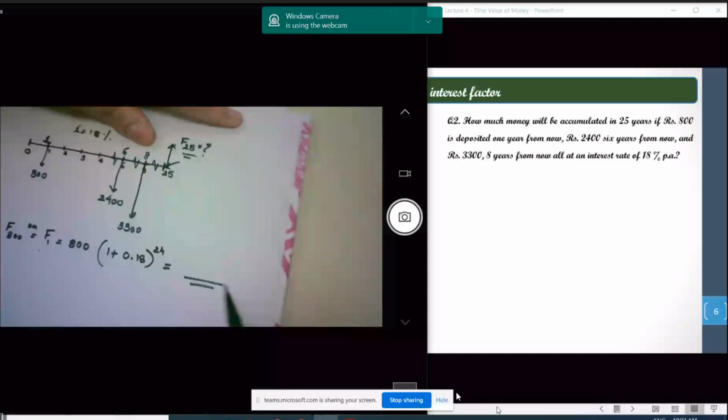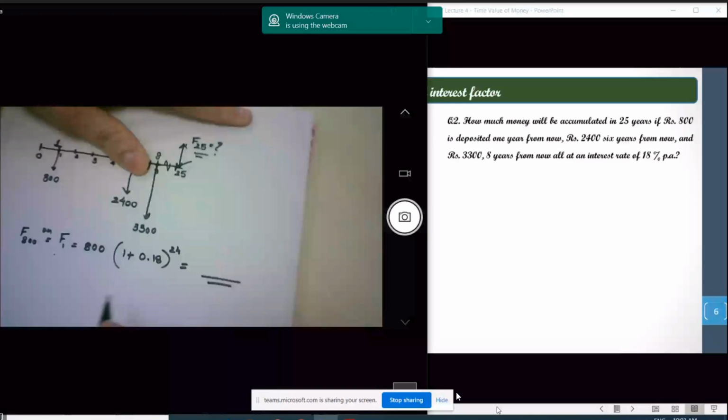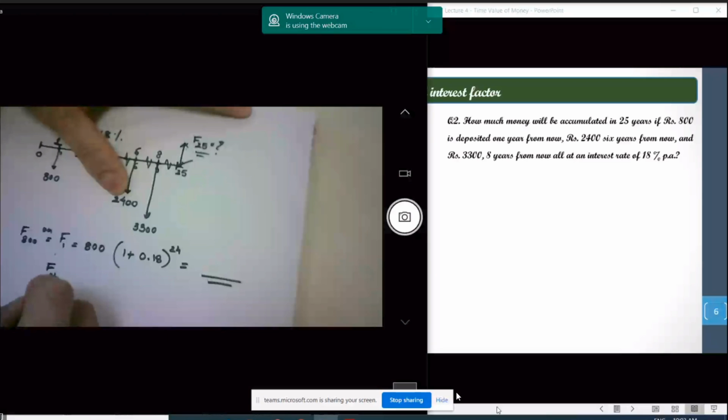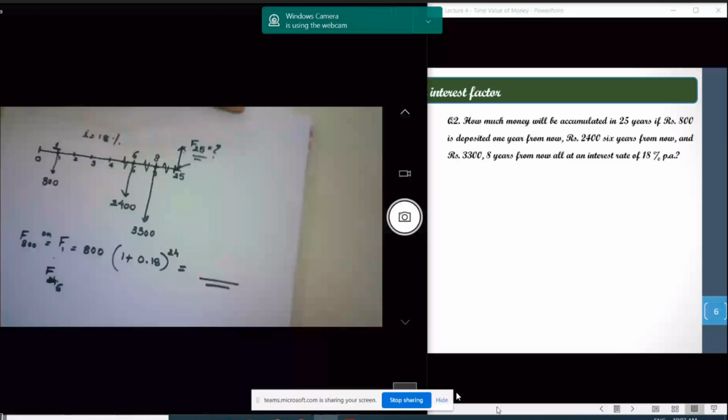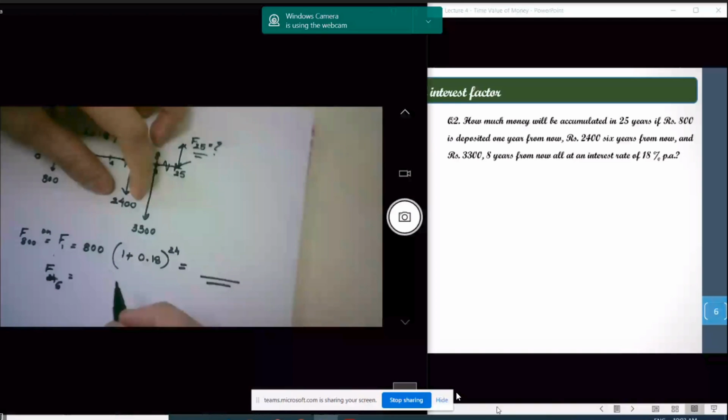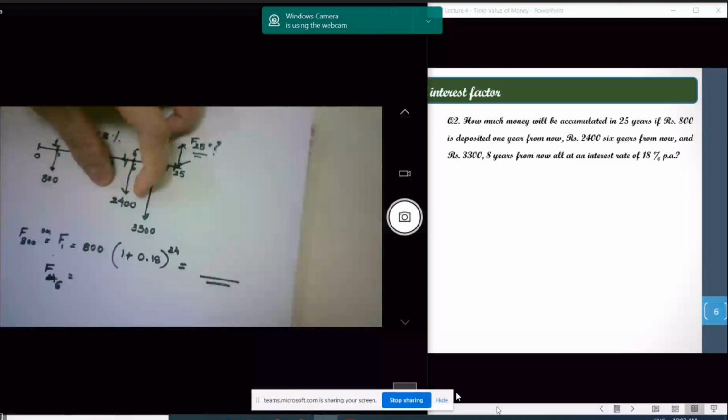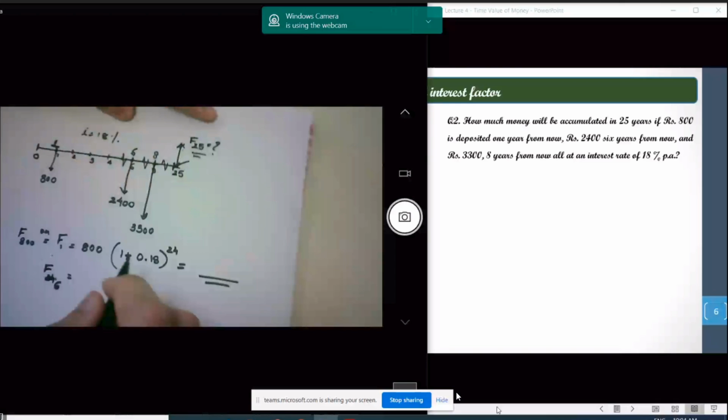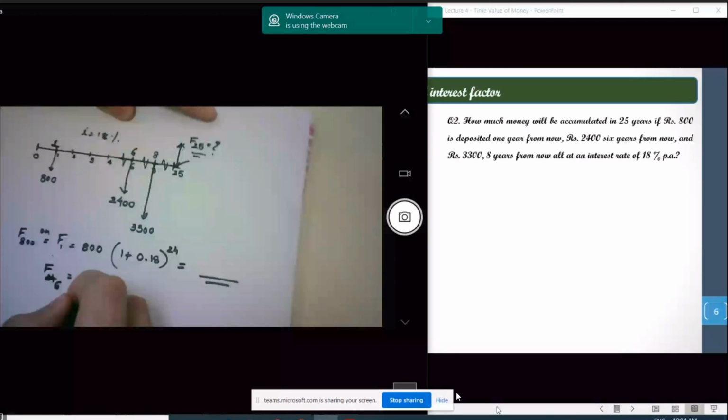Then you take the future value of this 2400, which is happening at year 6. Okay, F6 I have written. Again that will be a single payment, because you have only one payment of 2400. So 2400 times 1 plus 0.18.